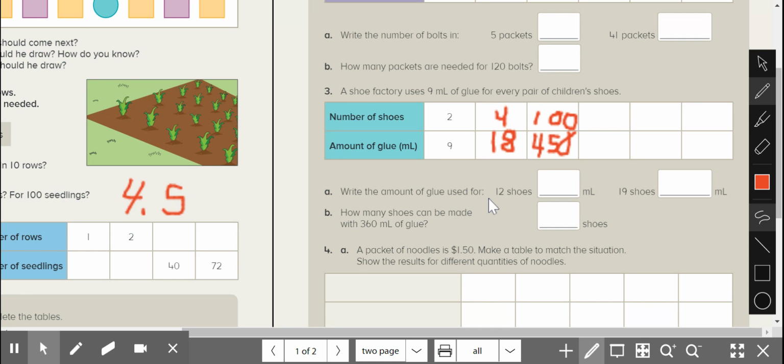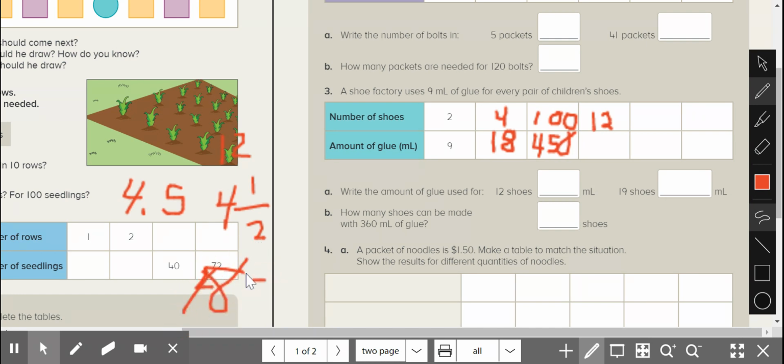Write the amount of glue used for 12 shoes. We take 12 times 4 and 5 tenths, or 4.5, which might be the better way to look at it. 12 times 4 equals 48.